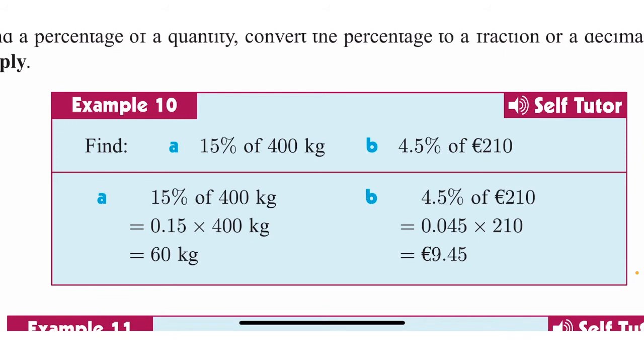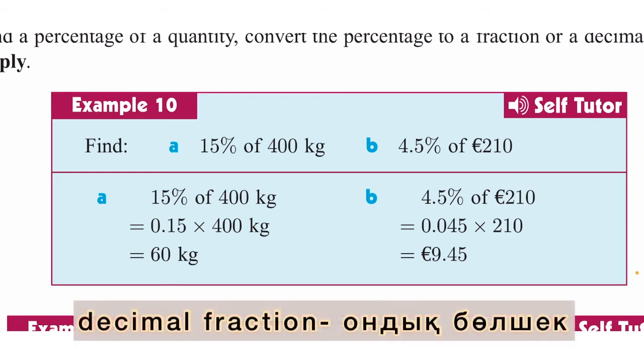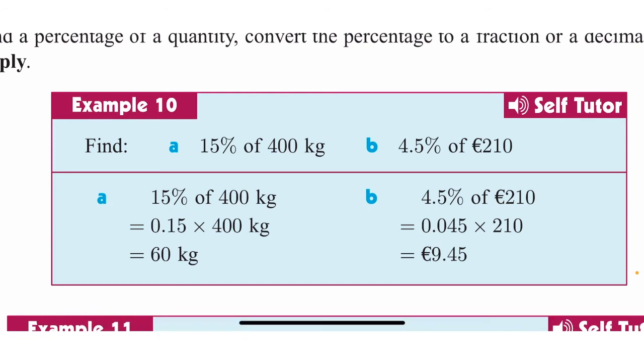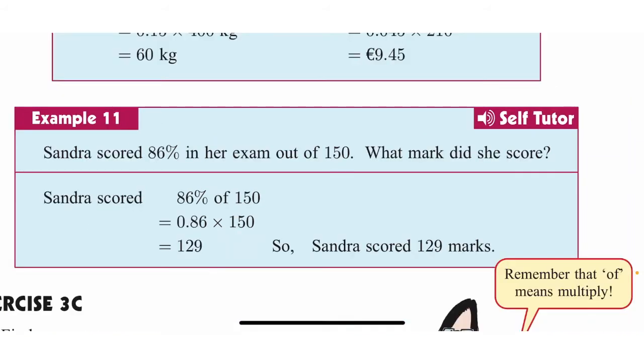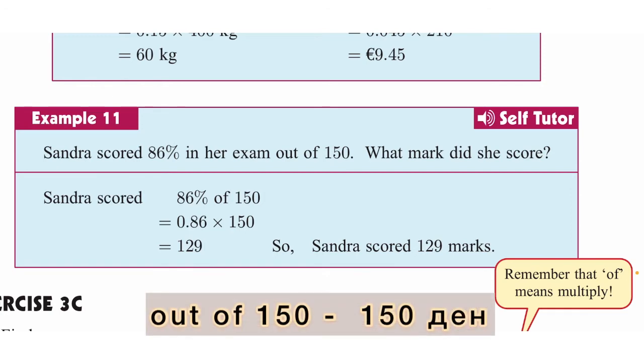First, we convert 15% into a decimal fraction, which is 0.15, and then we multiply it by 400, which equals 60 kilograms.